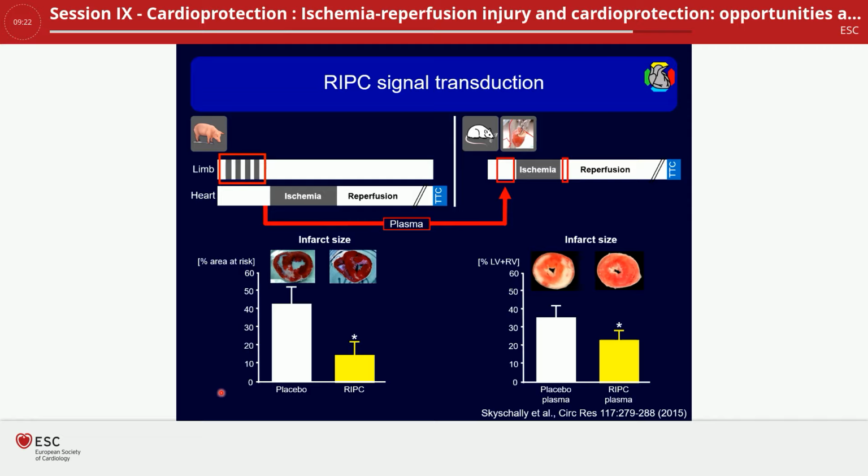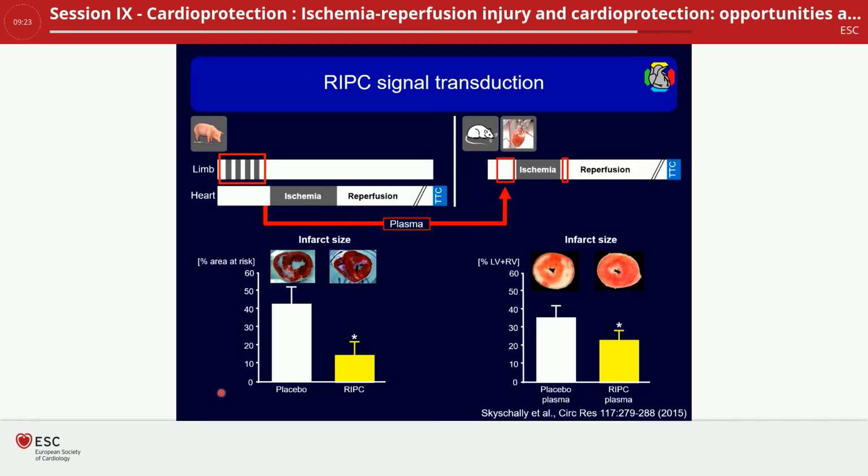Now, the most interesting question initially for us was, how does the protective signal arrive from the leg that is being subjected to ischemia reperfusion to the heart? And we were initially interested in the transfer of protective factors through the bloodstream.